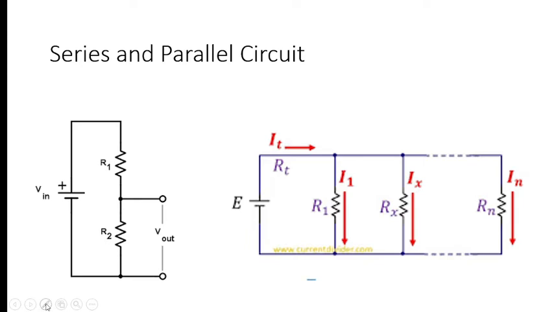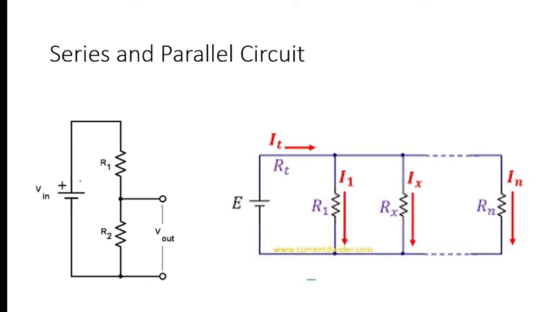Now which combination will be known as series? As there is a voltage source, a current will appear from this source, and if the same amount of current is passing through each of the elements of a circuit in a closed path, then it will be known as a series combination.